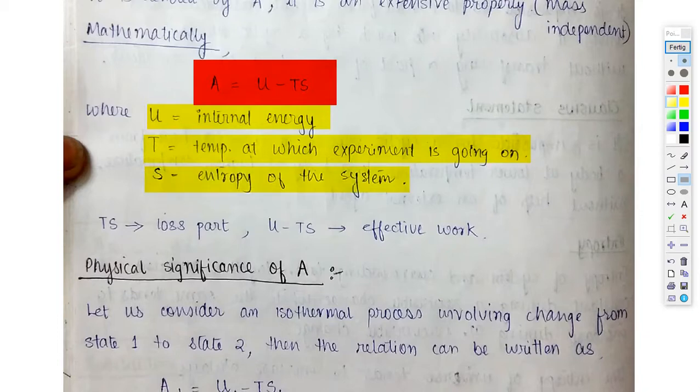TS is the loss part, and U minus TS is the effective work.